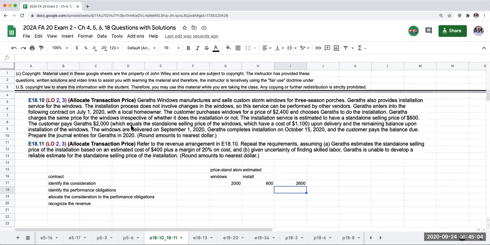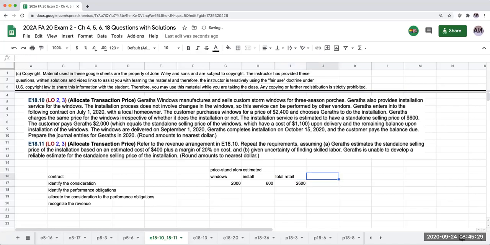Geraths charges the same price whether it does the installation or not. The installation service is estimated to have a standalone selling price of $600, and then they pay us $2,000. Okay, and then because the windows have a cost of $1,100 upon delivery, remaining balance upon installation. So a few different things going on here, but I'll call this total retail.